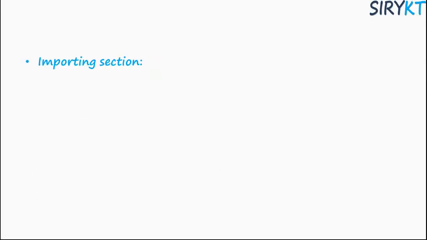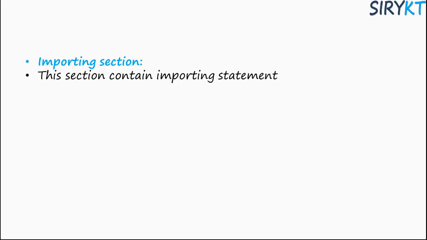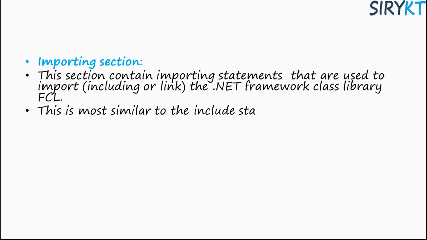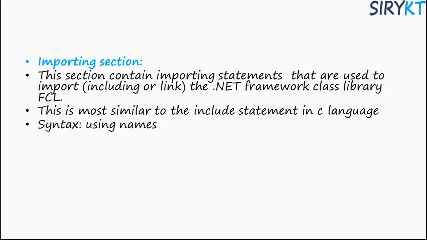Importing section. This section contains the using statements that are used to import, include or link the .NET Framework class libraries, FCL. This is most similar to the include statement in C language. The syntax is using namespace.